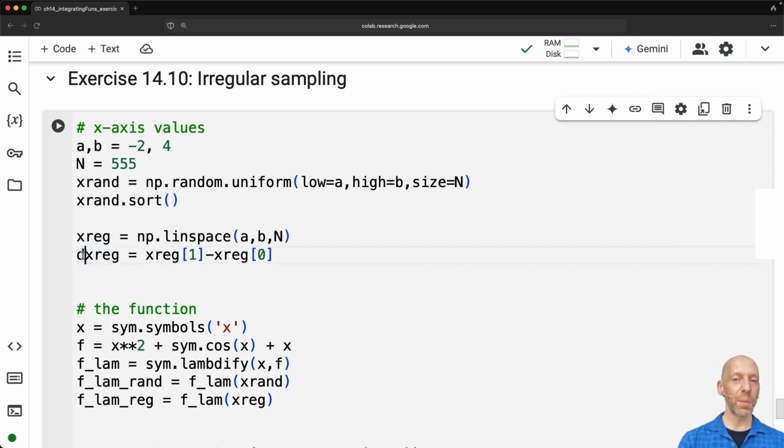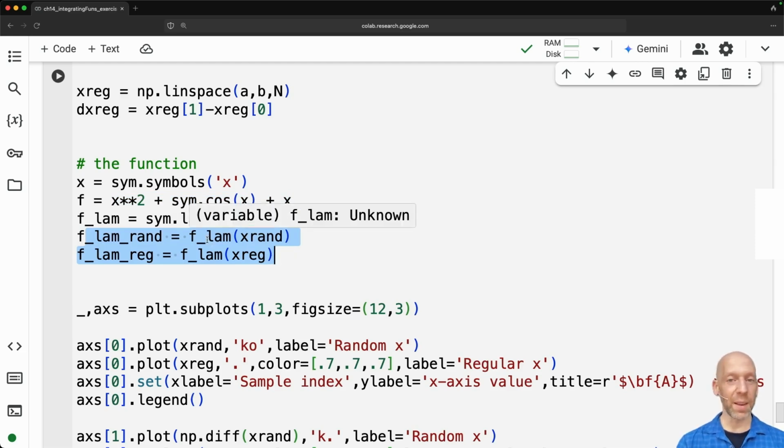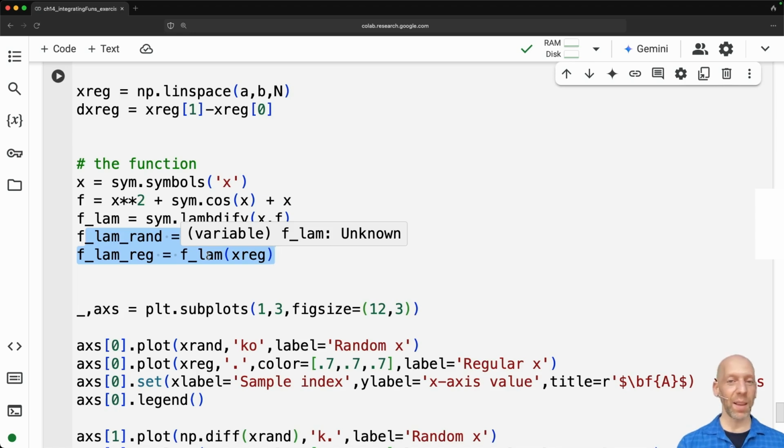Okay, now here I'm calculating the dx for the regular sampling, and that is just the second value minus the first value. Here I'm defining the function x squared plus cos x plus x, lambdifying it, and then I get 2 sets of function values. So the same function, F lam, is evaluated using either the regularly sampled x-axis grid or the randomly sampled x-axis grid.